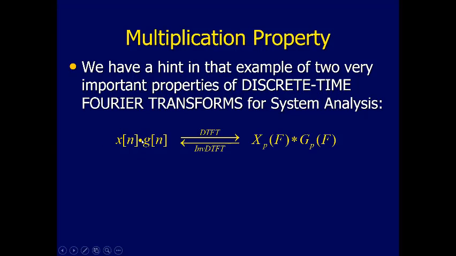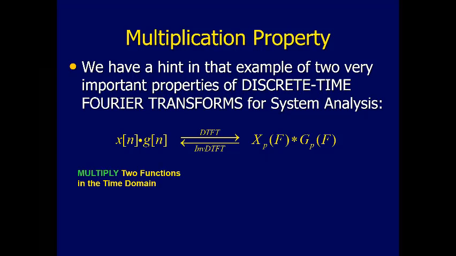So whatever spectrum x sub n had, I'm not going to see that exact same spectrum anymore. I'm going to see that spectrum convolved with the spectrum of this signal that I'm using to window out a segment of my original function.